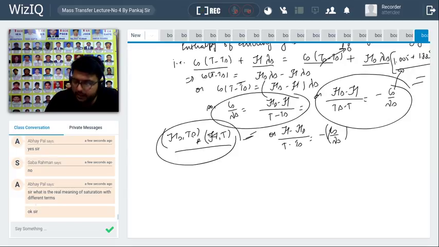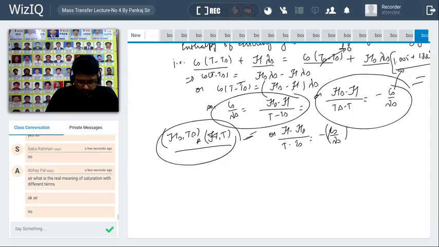Okay, any problem in the derivation? Yeah, anyone else? Any problem? This is a simple derivation, right?